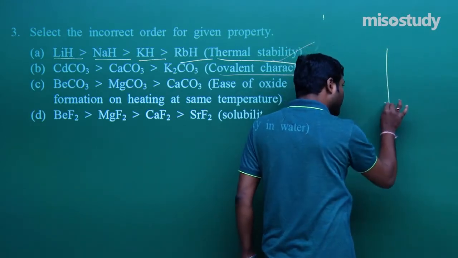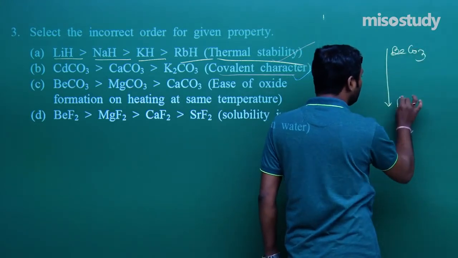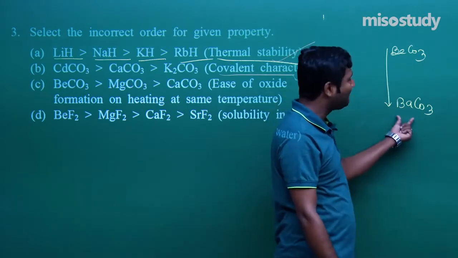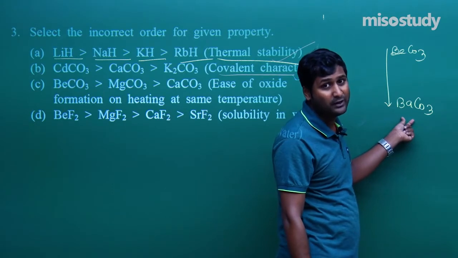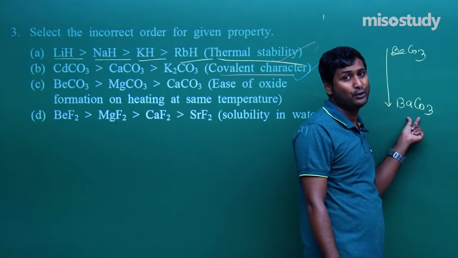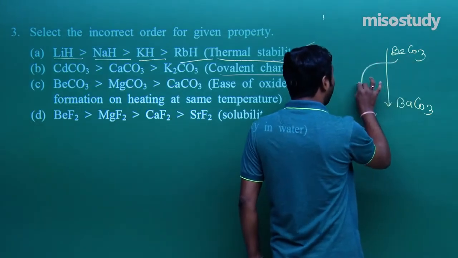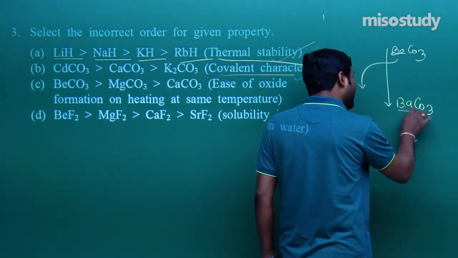If we move down the group from BeCO3 to BaCO3, what will happen? The stability of the carbonate increases. If the stability of the carbonate increases, then there is less possibility of decomposition. That is, the chances of decomposition and forming of oxide are very, very less in the case of Ba.